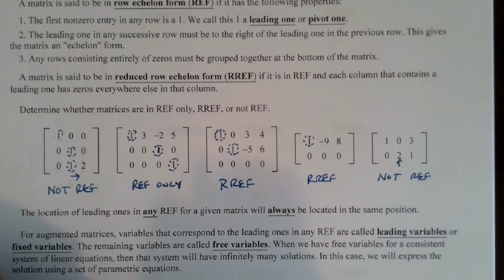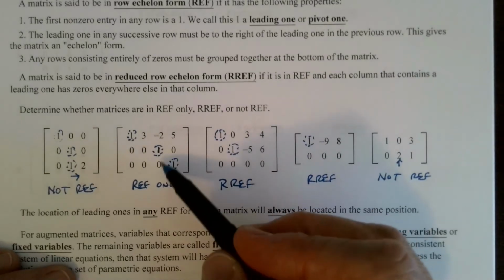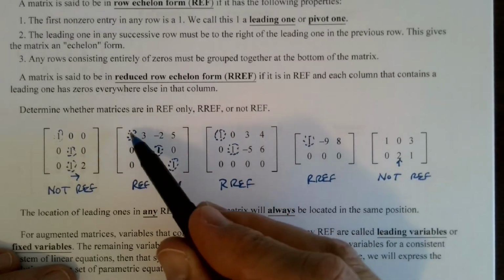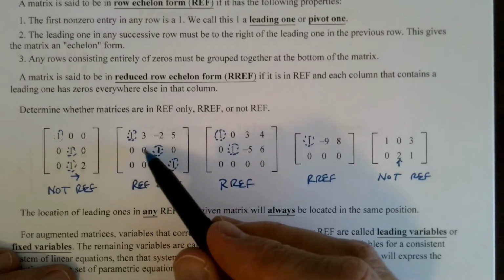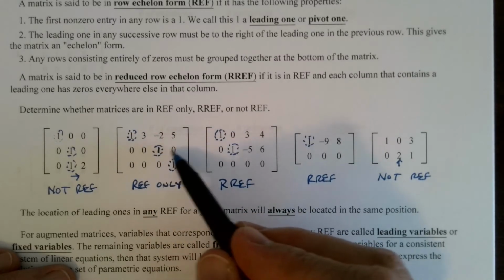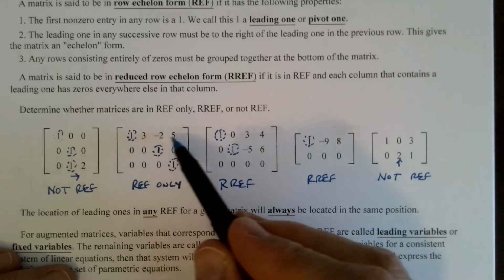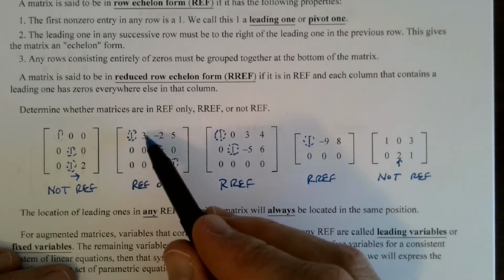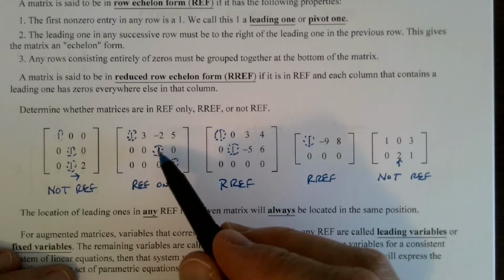In particular, for instance, if I look at this row echelon form, if I were to add 2 times row 2 to row 1, what would happen? 1 plus 0 is 0, 3 plus 0 is 0. 2 times 1 is 2, so -2 plus 2 would be 0.